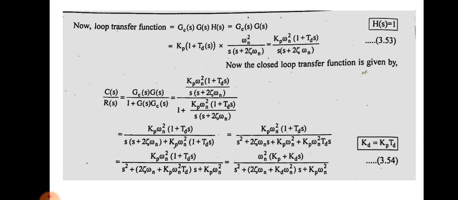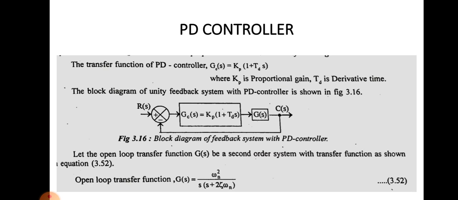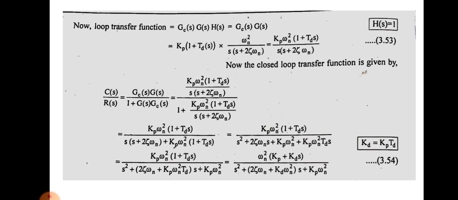See, in this case we can make the conclusion that the PD controller, that is the proportional derivative controller, introduces a zero in the system, and also it increases the damping ratio. First there are no zeros in the transfer function, but when we introduce a PD controller, it adds a zero in the system.